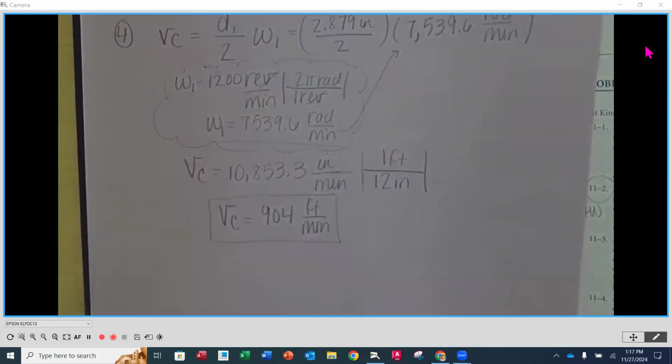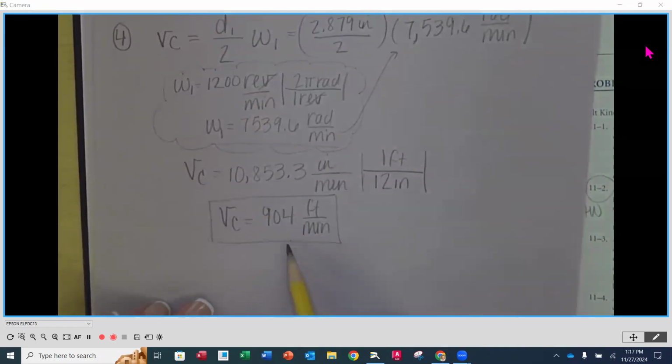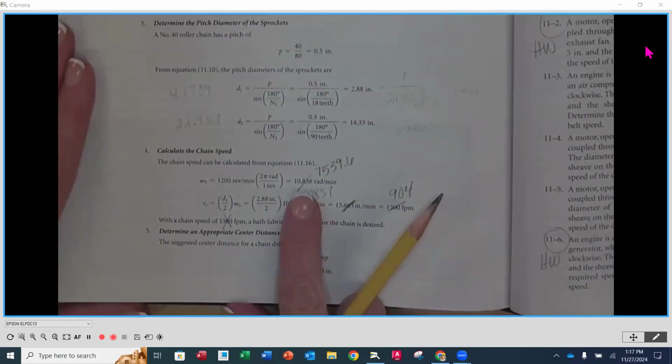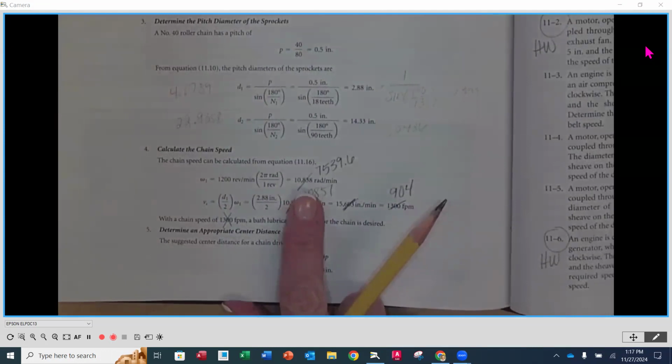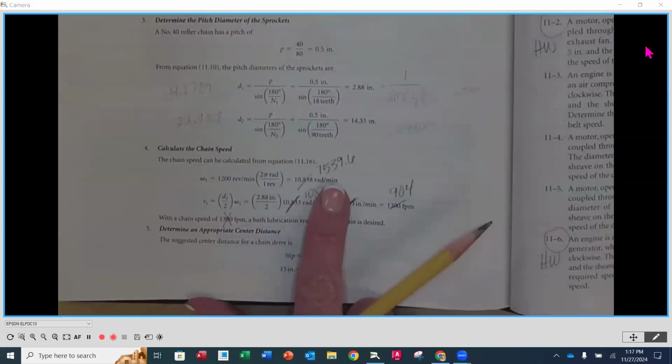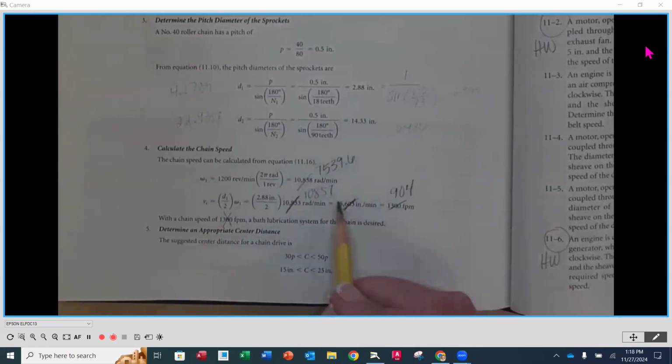All right, want to be sure that you guys have this. So now, let's look at what's in the book. They have the wrong radians per minute. I'm not sure why, but they do. The right numbers here, but it's supposed to be 7,539.6 radians per minute.